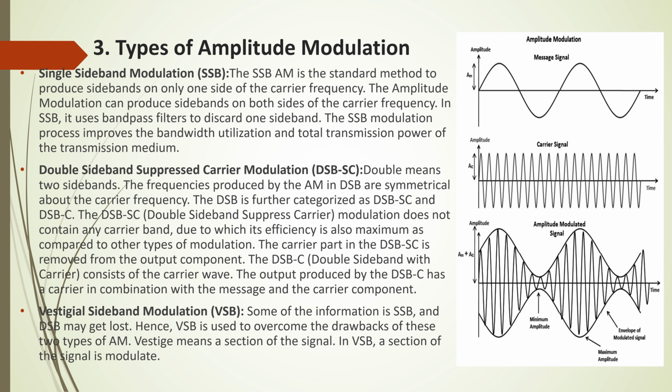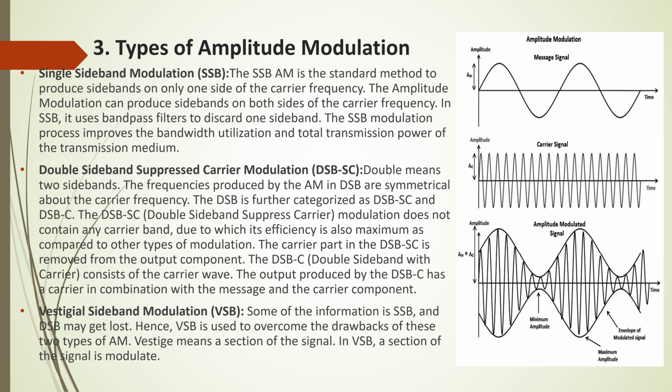Double sideband suppressed carrier modulation is DSB-SC. Double means two sidebands. The frequencies produced by the AM in DSB are symmetrical about the carrier frequency. The DSB is further categorized as DSB-SC and DSB-C.